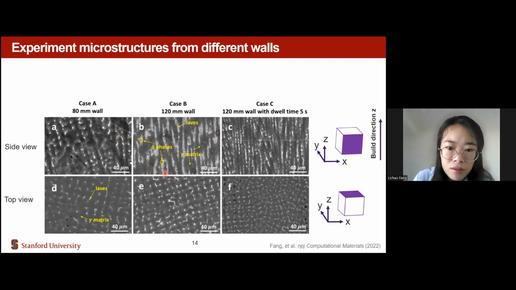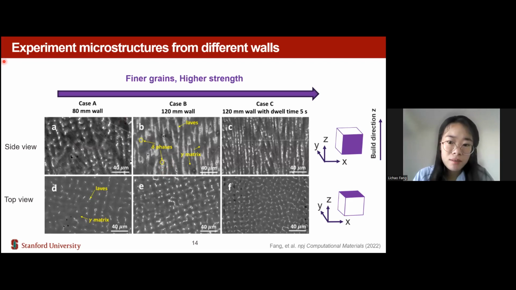In each figure, the large gray area represents the major gamma matrix, while there are some small white areas that are the Laves phases. Inside some white areas, there are small dark spots that are the delta phases. Both the Laves and the delta phases are detrimental to the mechanical properties.